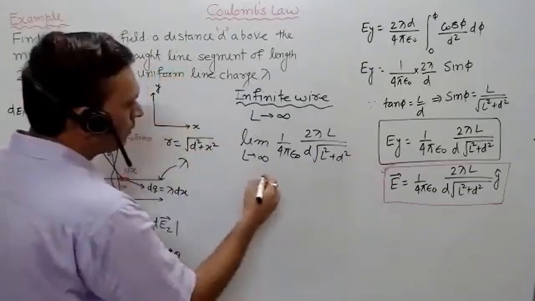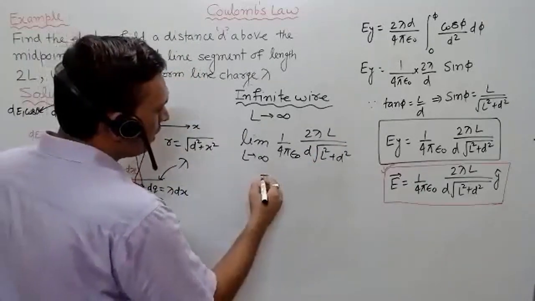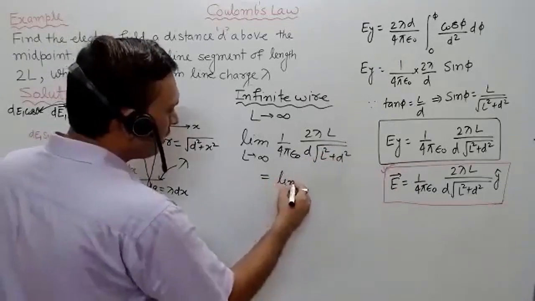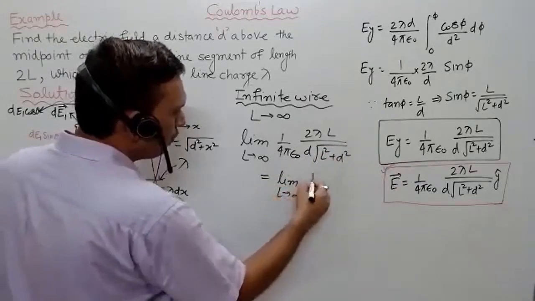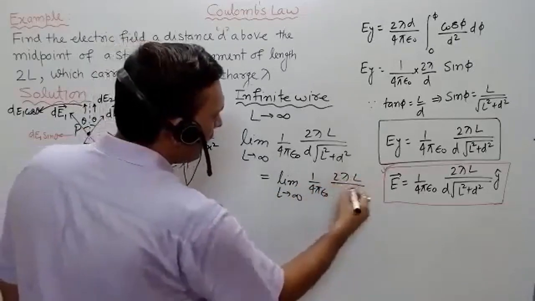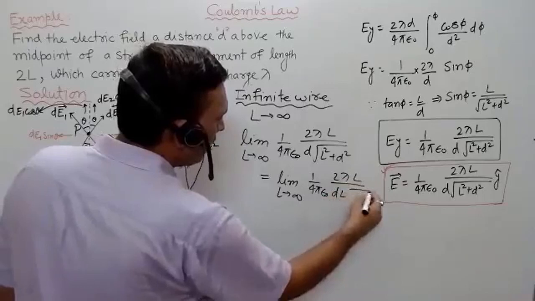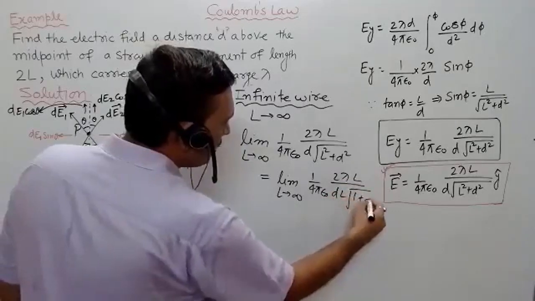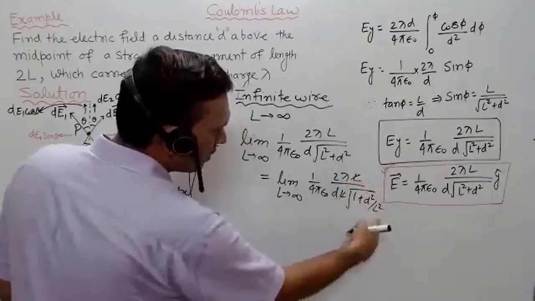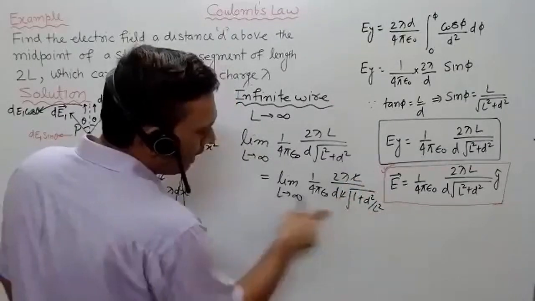How to solve this? Take L square common. So this is limit L tends to infinity of 1 by 4 pi epsilon naught twice lambda L by D L times root of 1 plus D square by L square. So this will cancel out and this term tends to 0 when L tends to infinity.